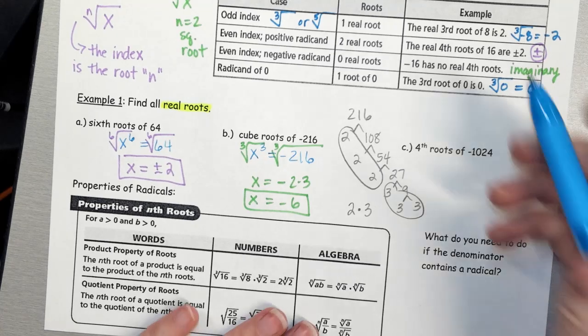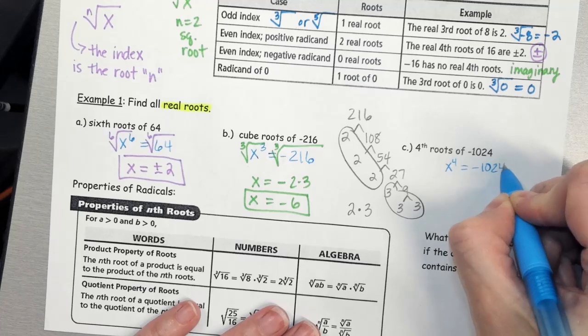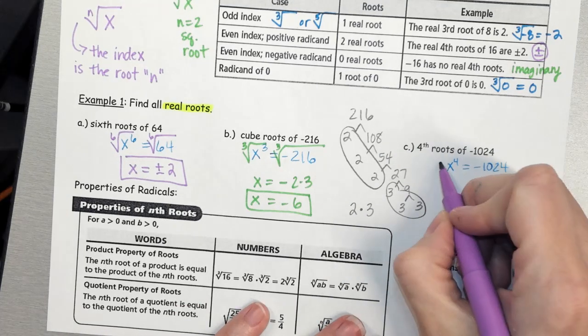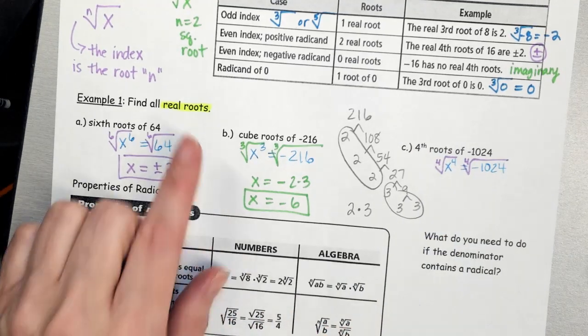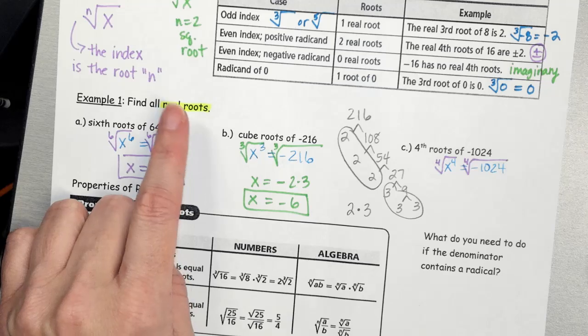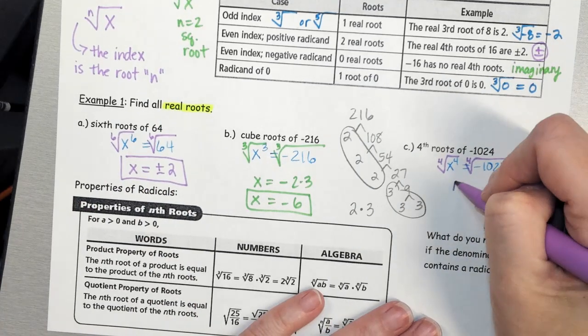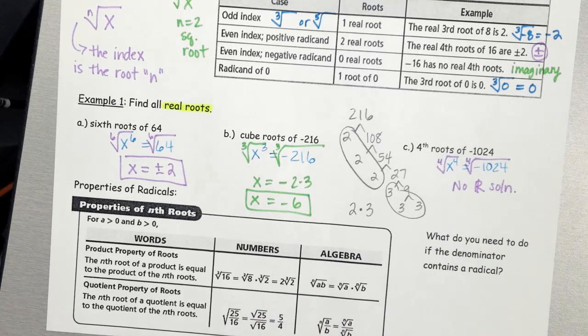Okay, and then we have the 4th roots of negative 1024. Okay, so when you take the 4th root, it's an even root, it's a negative number. Because the direction says find all of the real roots, your answer is just going to be that there's no real solution. We can use the symbol for that.